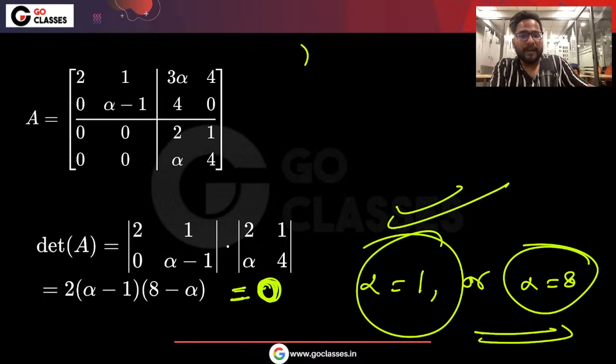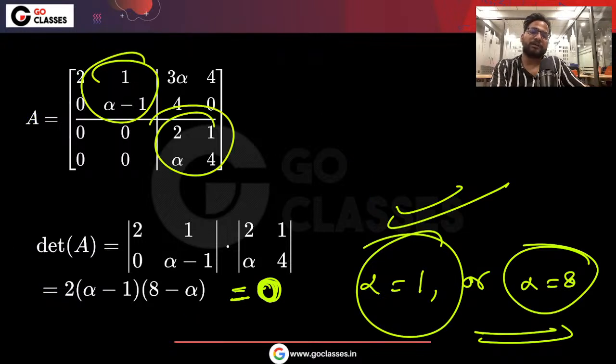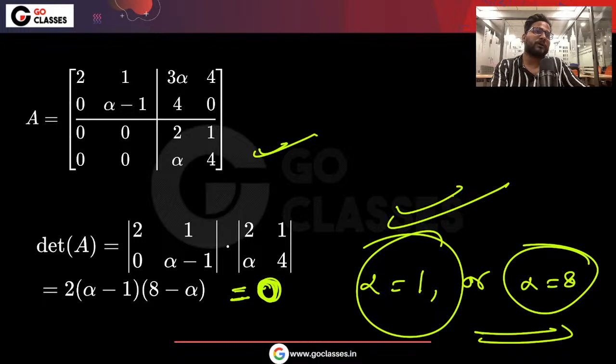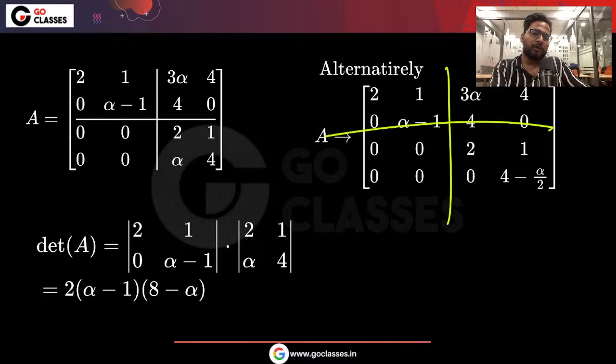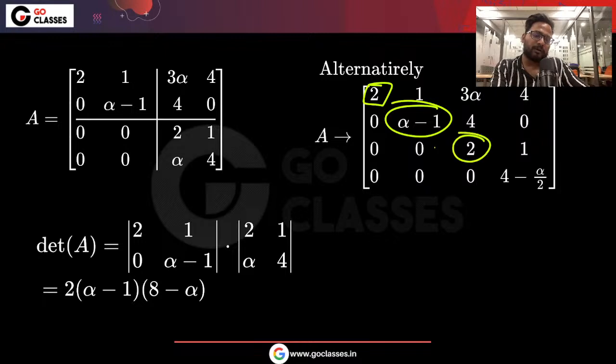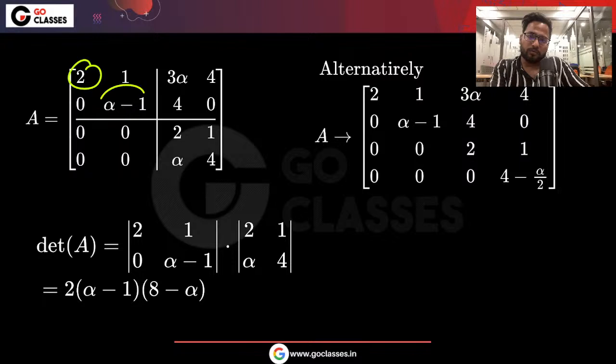So you can apply the block matrix or partition matrix concept. Alternatively, you can have this matrix A and not worry about these blocks. Then you apply Gauss elimination, and almost all the pivots are done. You only need to make one entry 0.